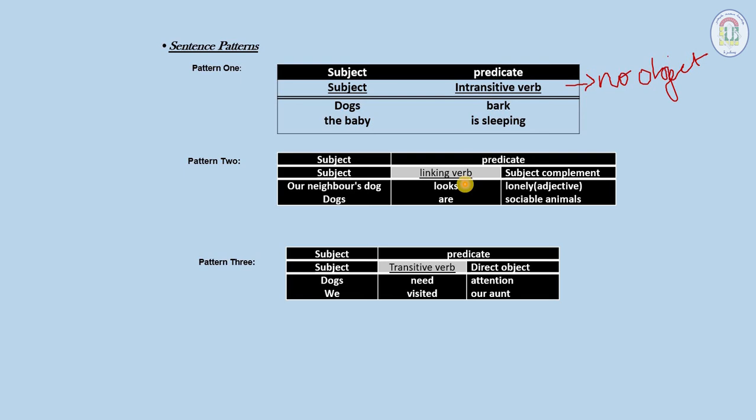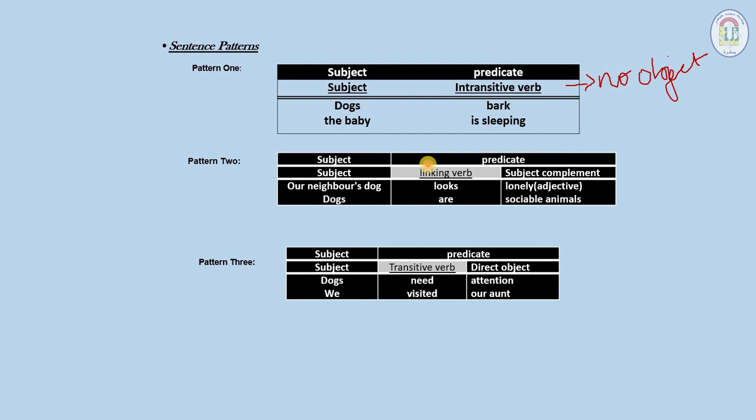Dogs are equal to sociable animals. So it is a linking verb in that sense. This is called a subject complement, which is normally preceded by a linking verb. So the dog is equal to loneliness, the dog is equal to sociable animals.